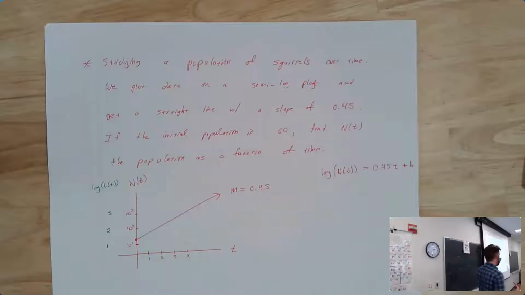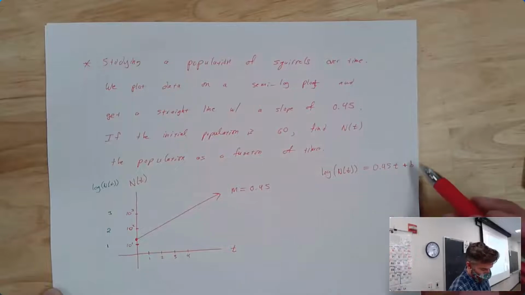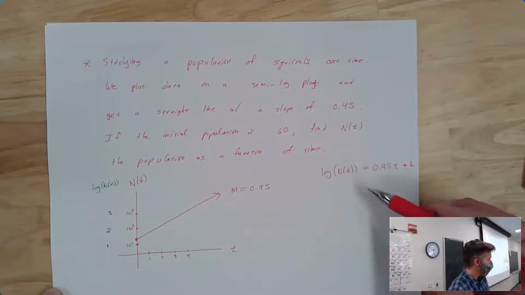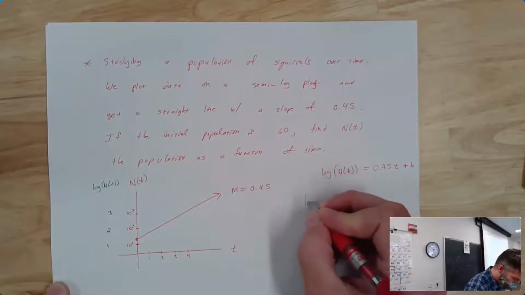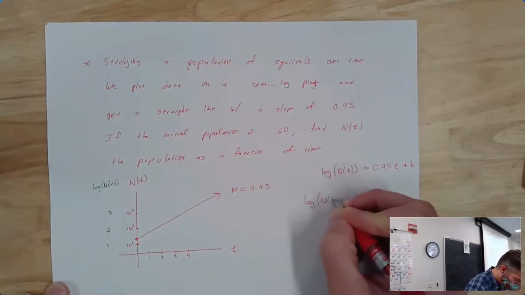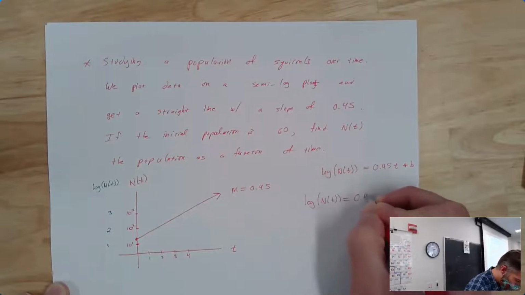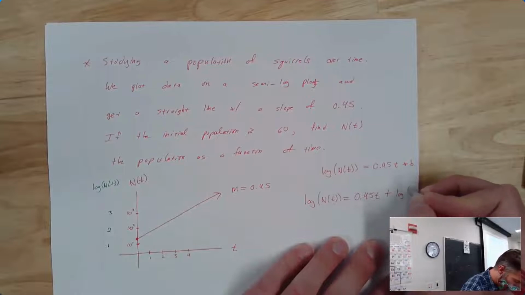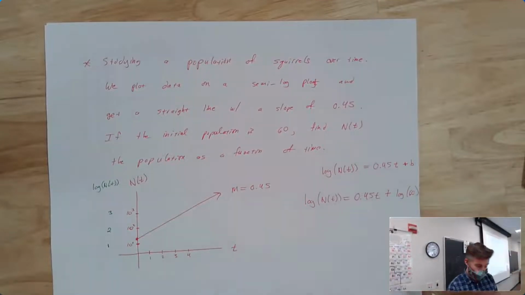Because we know that at time 0, the number of squirrels is 60. But if we plugged in 60 here, we wouldn't get 60 for the population. Let me show you. That's going to be a log of 60.